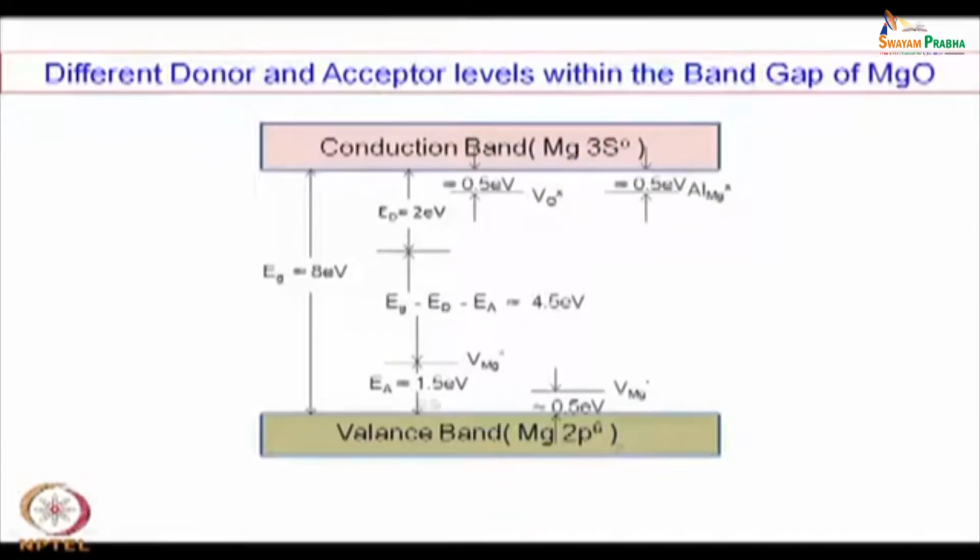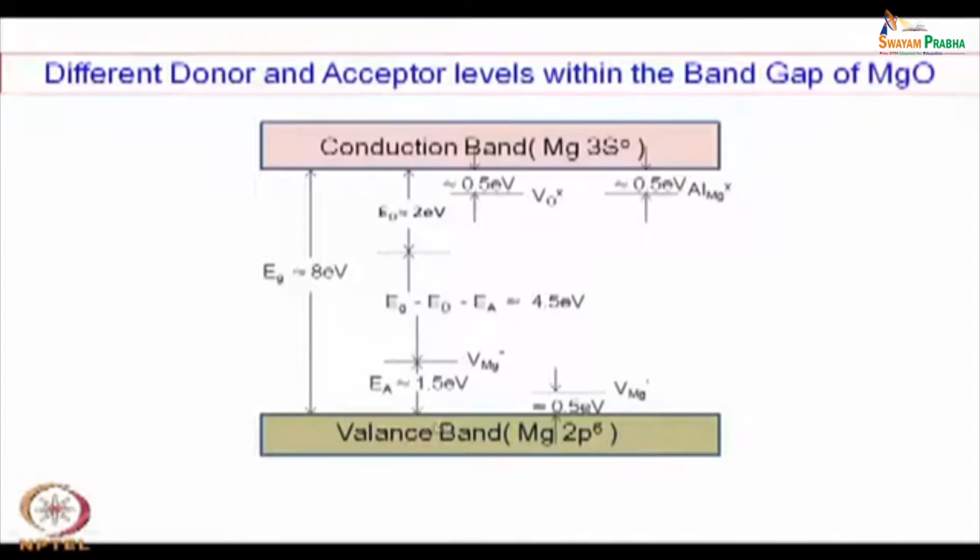Here electrons are already there. So, the Mg 2p6 level acts as the valency band, the next highest level, and this Mg 3s0 becomes the conduction band.